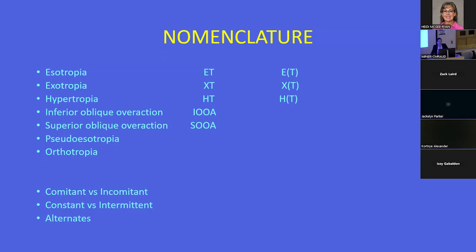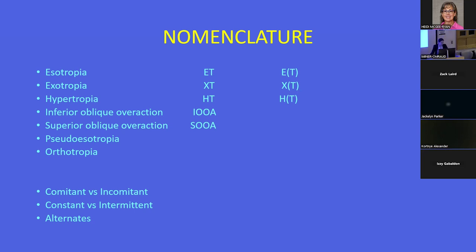We say it is comitant when that amount of deviation is the same in different gaze positions, including distance and near. And it is incomitant when we have a different measurement. An example would be you're drifting 50 prism diopters at near and only 20 at distance. That would be an incomitant deviation.